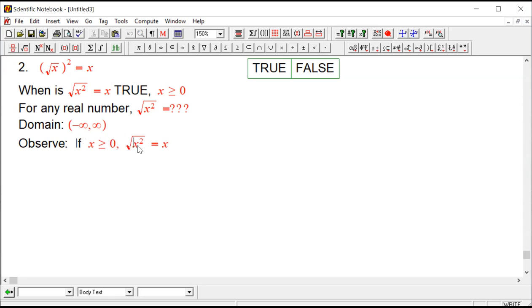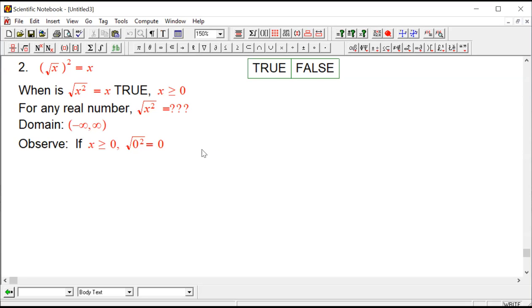You can plug in, say, 1: if X equals 1, then this is going to be 1, no problem. If it is 2, this is 2. If you have 1.7, this is going to be 1.7. If it's 0, the answer is going to be 0. So it's true for all the non-negative numbers.